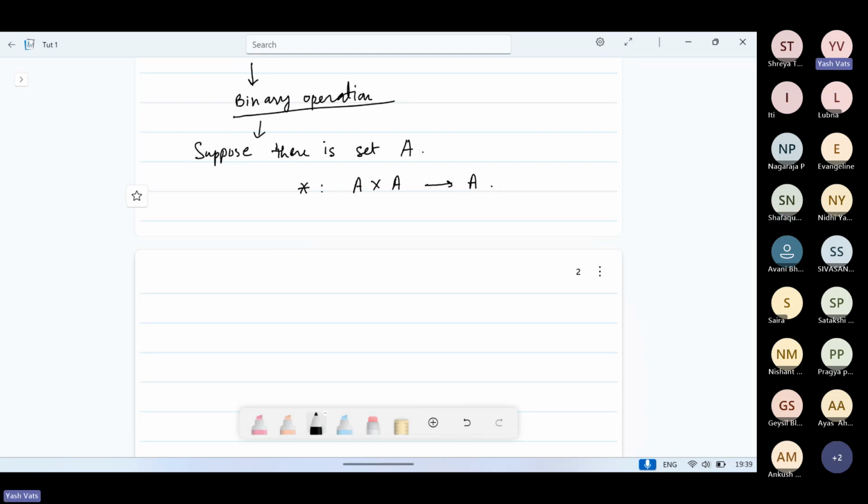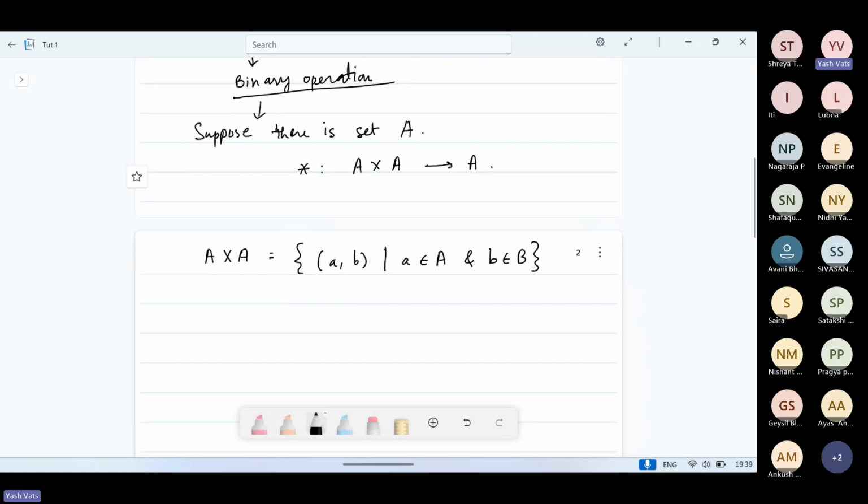Do you know what is a Cartesian product? So A cross A is the set of elements (a, b) such that a is in A and b is in A. Okay. This is the Cartesian product.